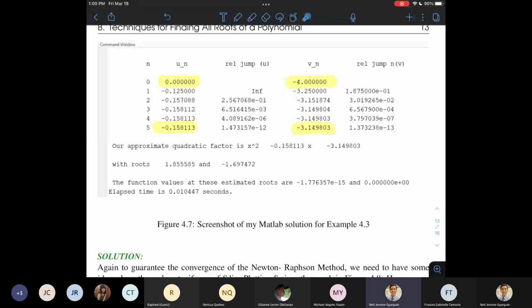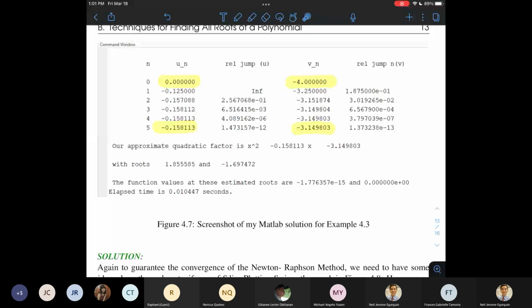Alright? And true enough, nung dinouble check ko, pinuha ko yung function value nito, at saka function value nito, order 10 to the negative 15 yung una, tapos eksaktong 0, up to machine precision, 0 yung function value nito. So indeed, after 0.01 second, I already got 2 good estimates. Dalawa kagad yung nakuha kong estimates.